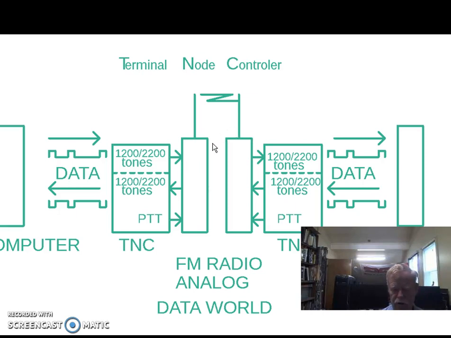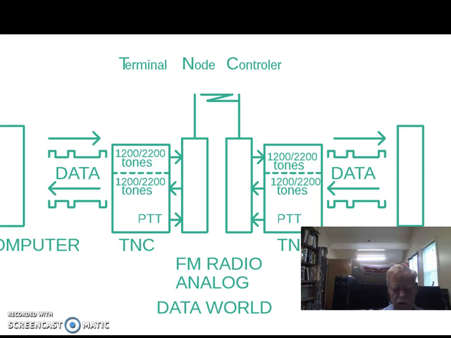Now the issue is that these FM radios cannot pass DC, and basically the data is DC, and the radios don't know how to communicate or pass DC. So clever guys figured out a way to spoof that. One way they did that is they took ones and zeros and converted those into tones.